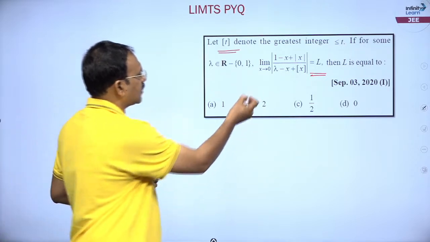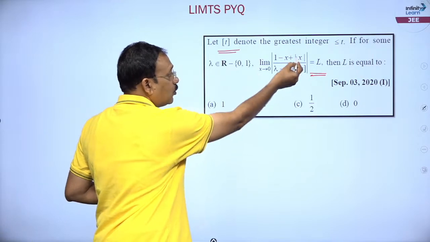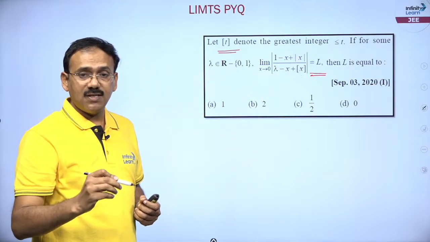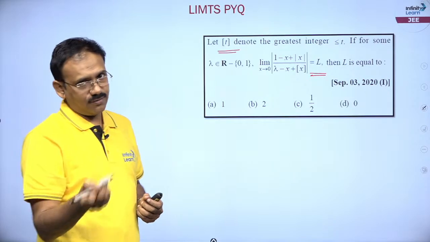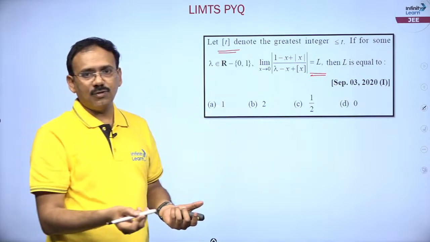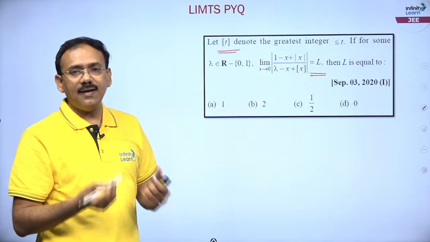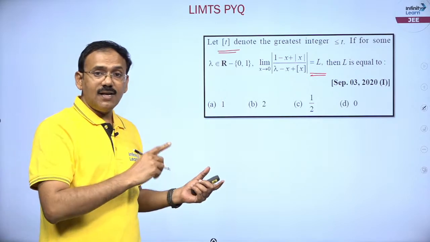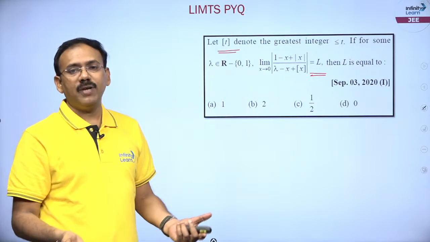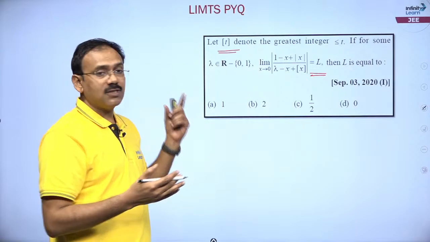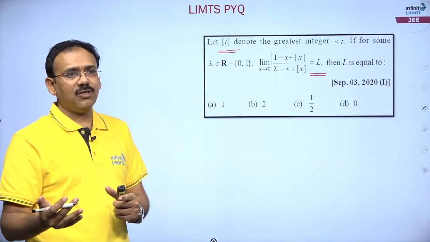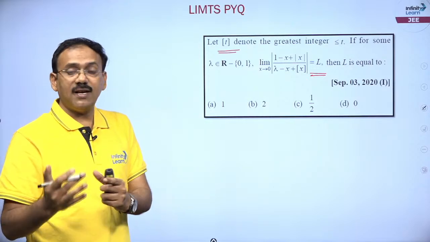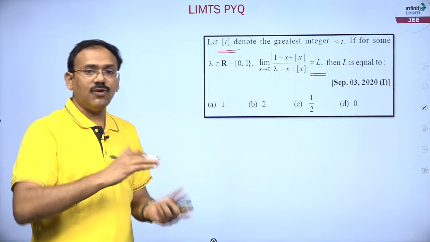Here limit x tends to 0 is there. The definitions of mod x and step x change left of 0 and right of 0. So we handle this problem with left hand limit and right hand limit, because these piecewise functions change their definitions left of 0 and right of 0.